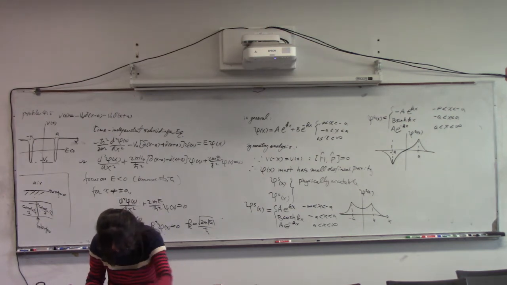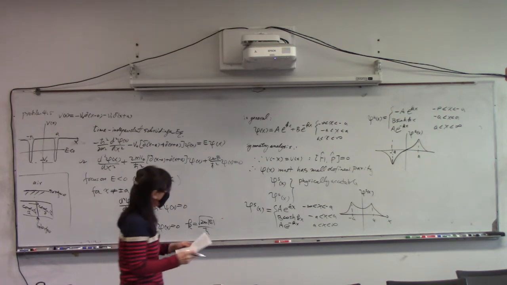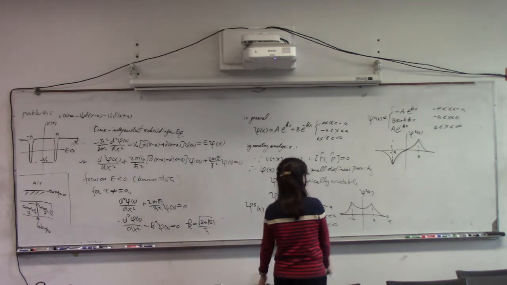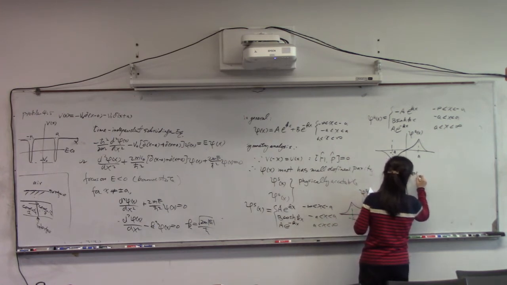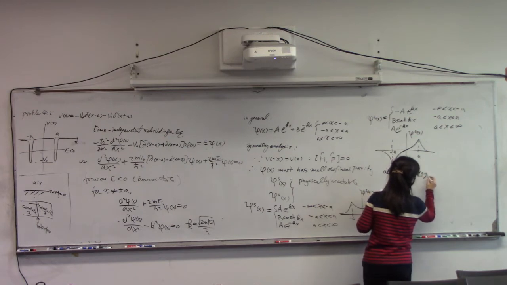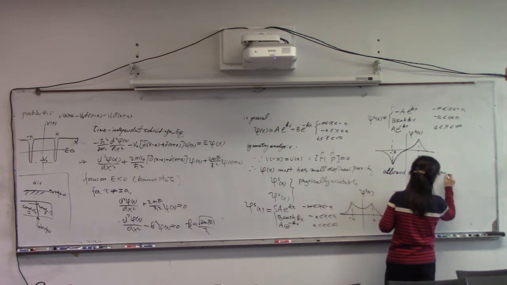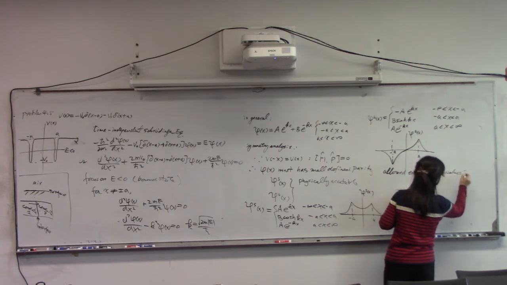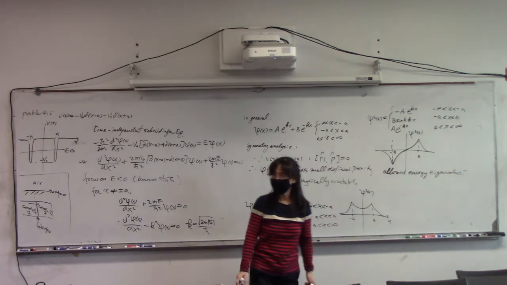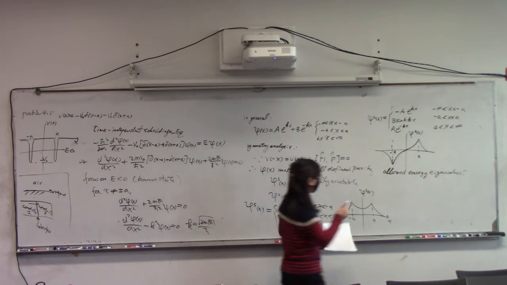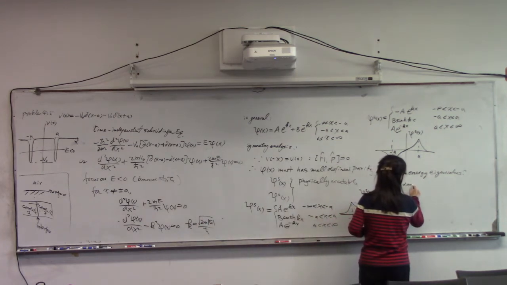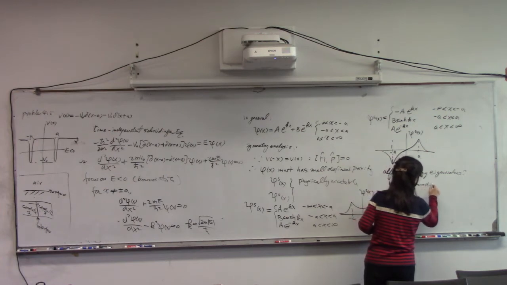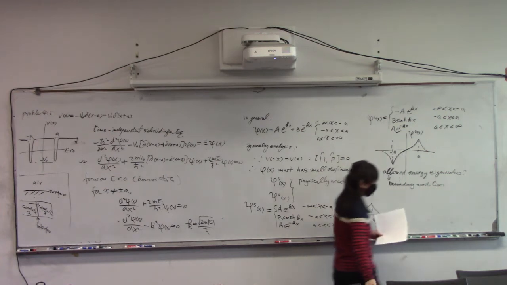Now we are going to solve for the allowed eigenvalue, the allowed energy. How to do that? We are going to use the boundary conditions, always boundary conditions.